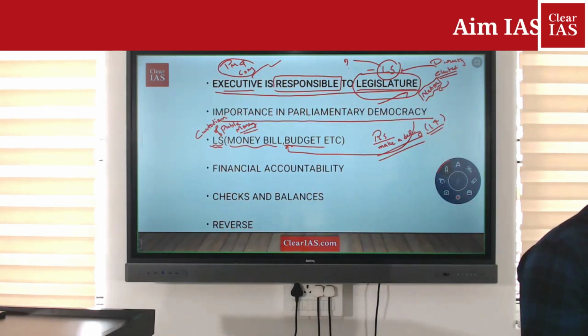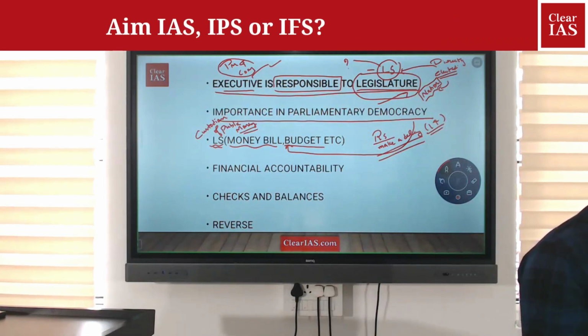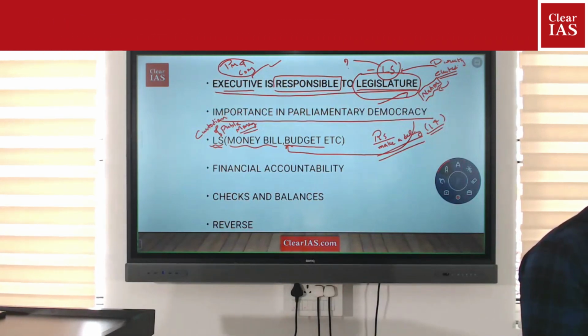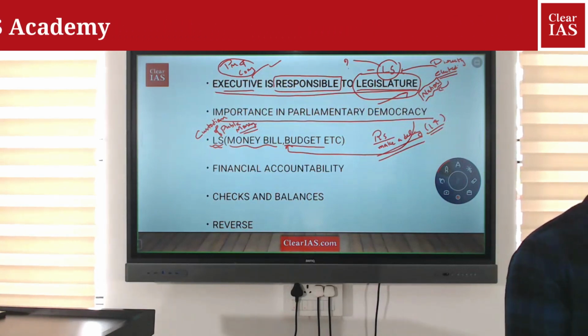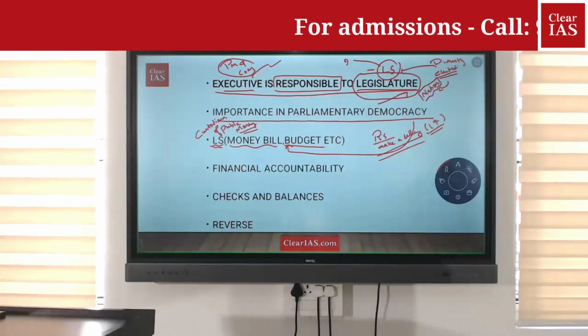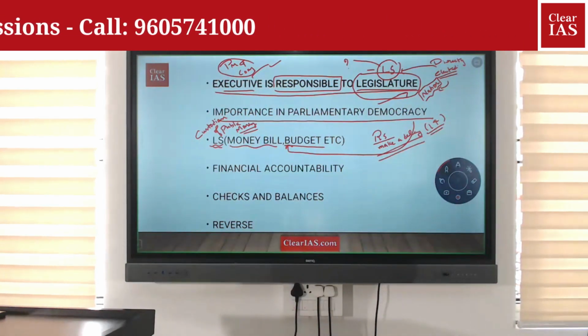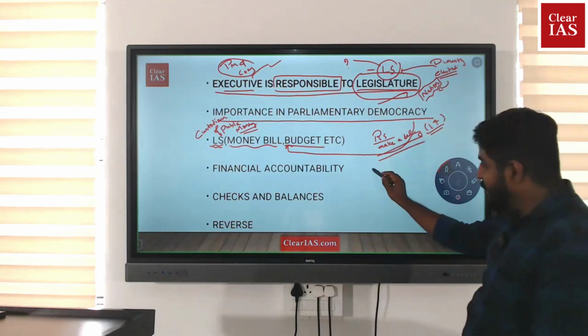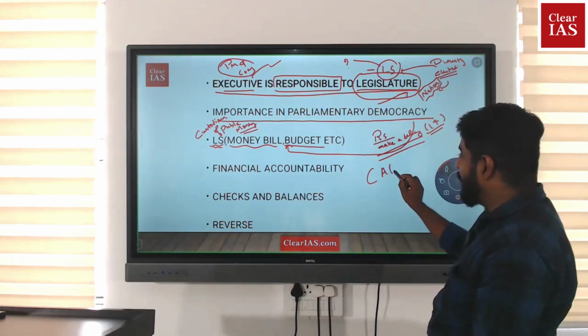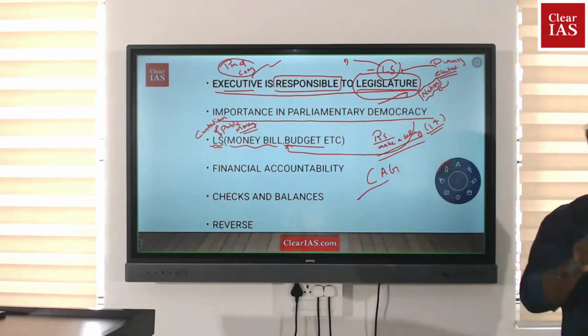Fine. But this needs to be checked, isn't it? Whether the process of allocation of this money by Lok Sabha for the executive, that is for the Ministry of Defence, is right or wrong, that needs to be checked. Now, who will check that? That will be checked by this smart guy, that is the Comptroller and Auditor General of India.